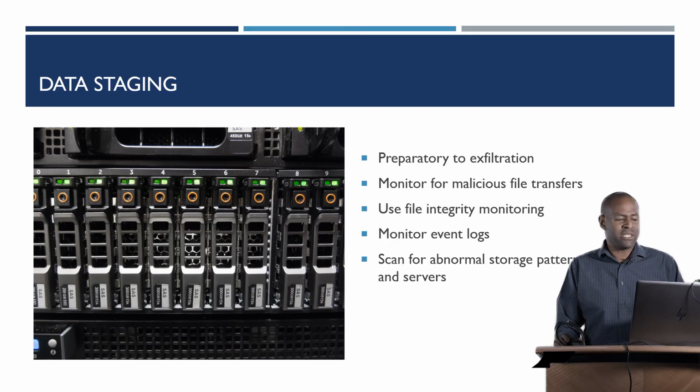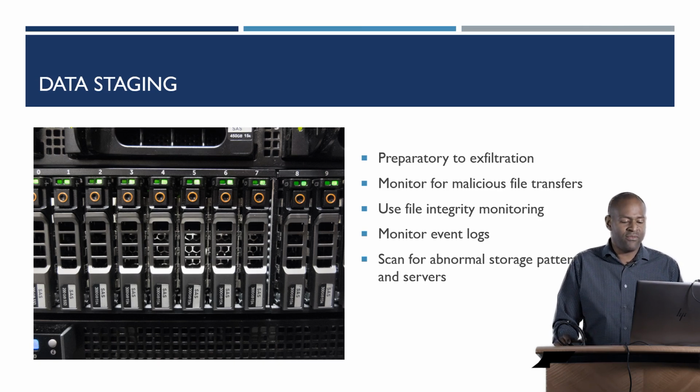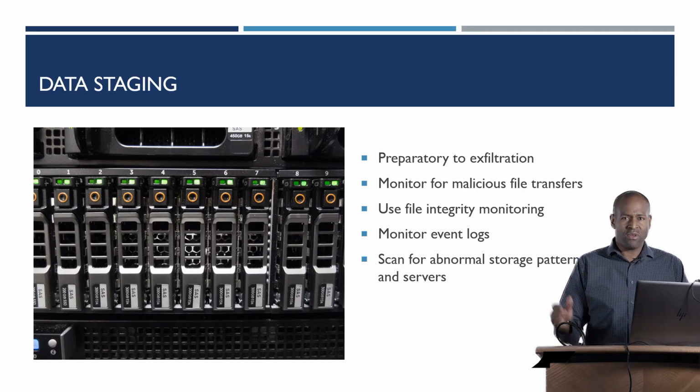One of the things that makes it difficult to find data staging is that, like so many parts of threat actors' hacking, it is ephemeral. In other words, they use it for a little while, then get rid of it. So you need to find it while it's happening, or review the logs with your systems and look in the past to find out if there was data staging going on.